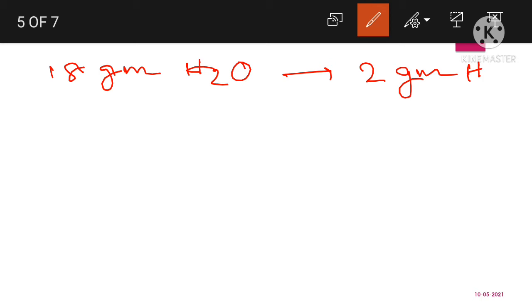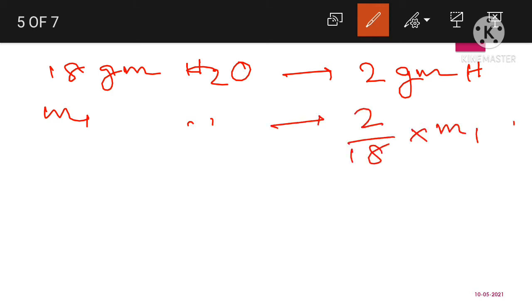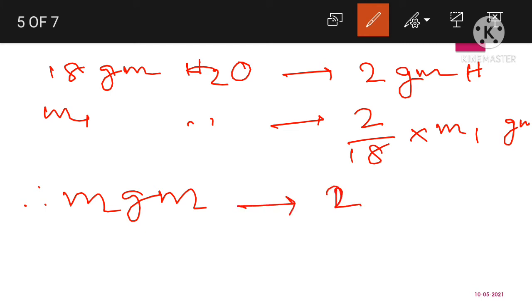So m1, the mass of water, contains 2 by 18 into m1 gram of hydrogen. Now the organic compound has the mass m, therefore m gram contains 2 by 18 into m1 gram of hydrogen.